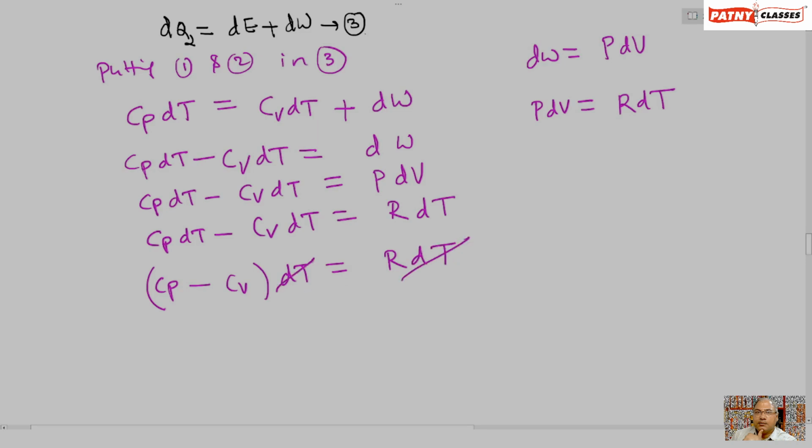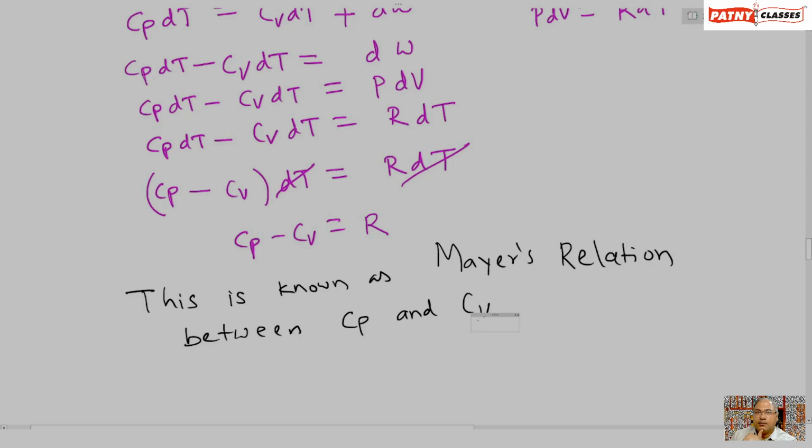Cancelling dT on both sides, we get Cp minus Cv equals R. This relation between Cp and Cv is known as Mayer's relation.